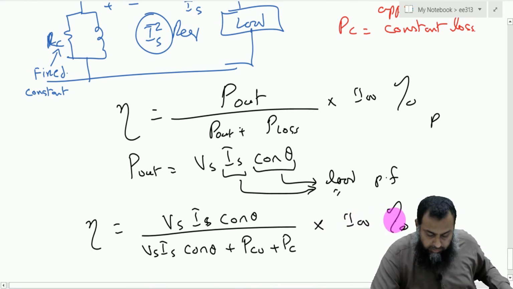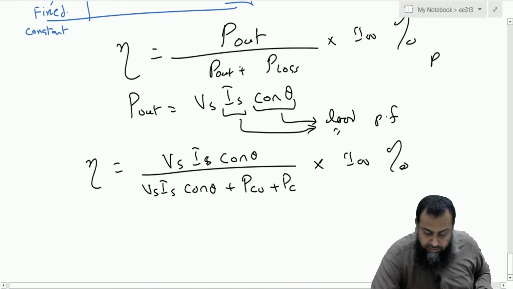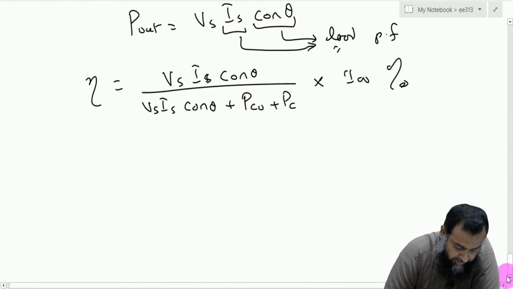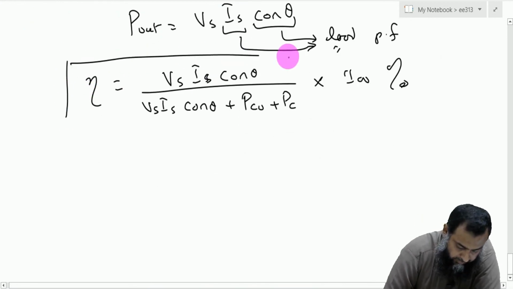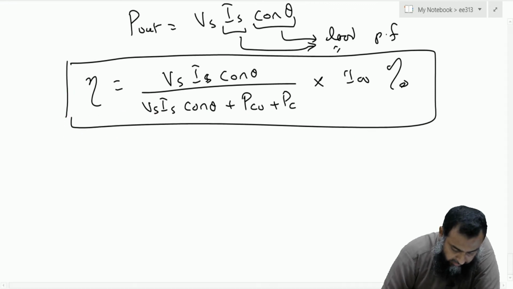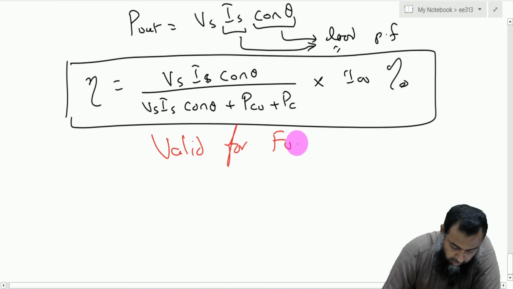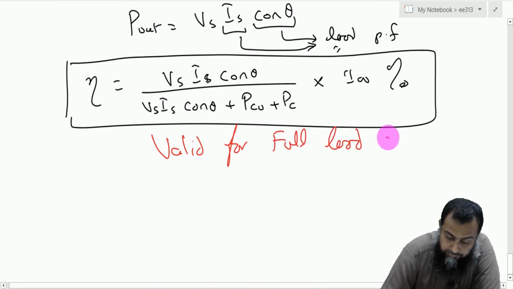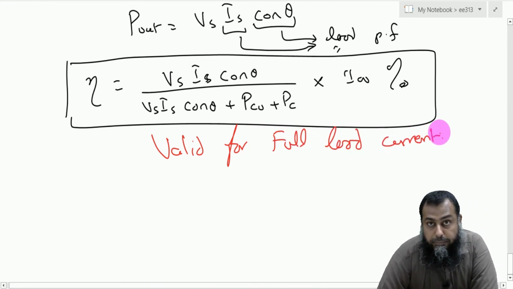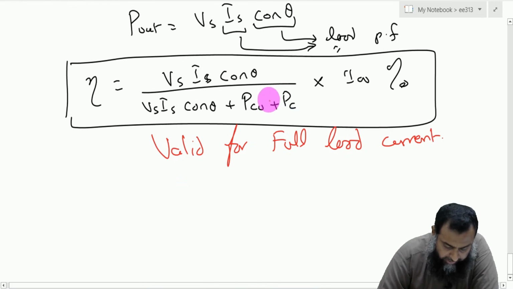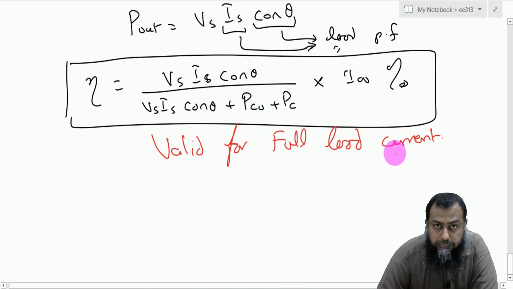right? This particular expression of efficiency is only valid for full load or rated current, which means that in here we have this copper loss which is dependent on this current.